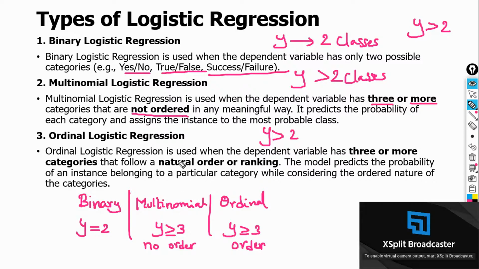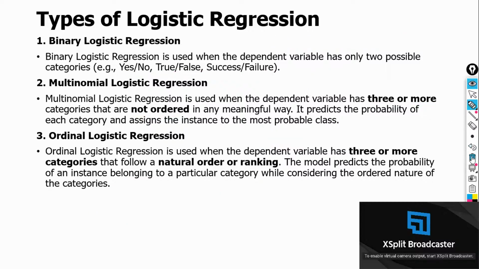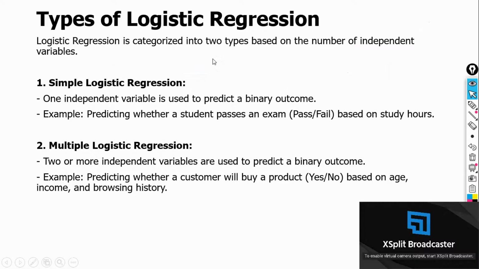Okay, so as part of this particular session, we are going to discuss binary logistic regression. These are the types of logistic regression, and we also have other types of logistic regression, but this time based on the number of independent variables.